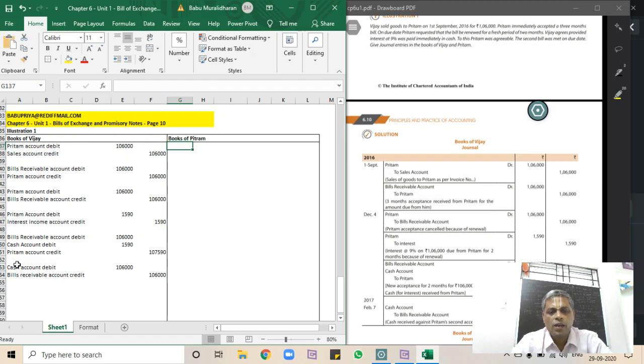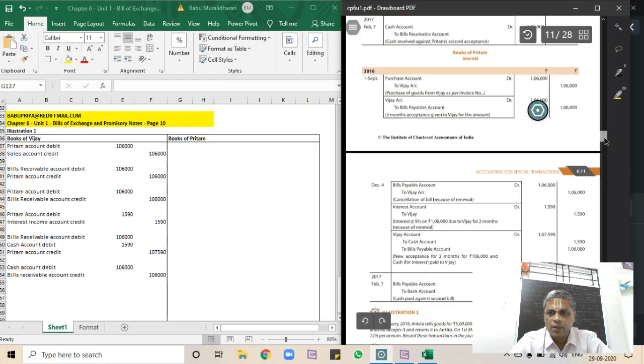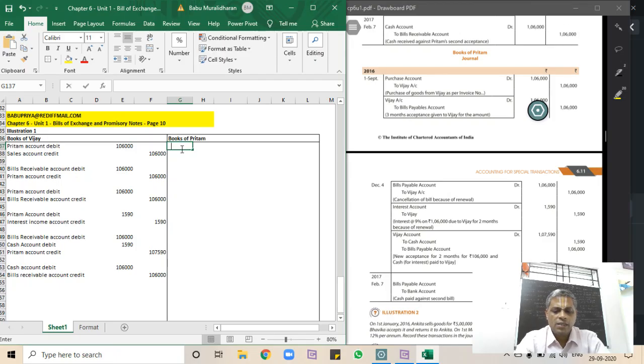So in the books of Preetham, right? Books of Preetham. Vijay being the supplier, in the books of Preetham we have to debit the purchase account. The reversal entry we have to credit bills payable. Yeah, you can see here. First is purchase.